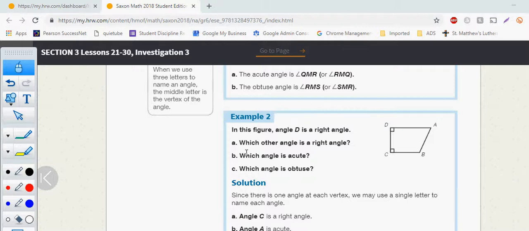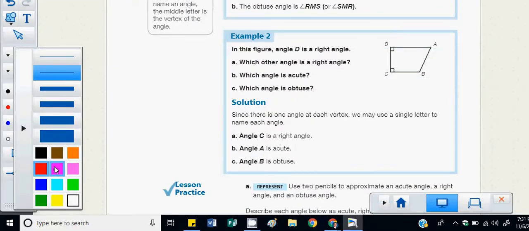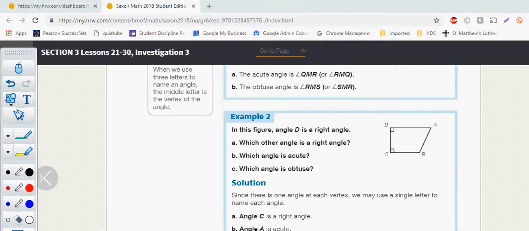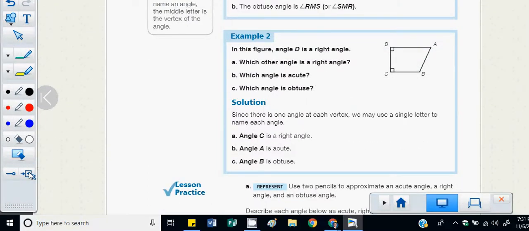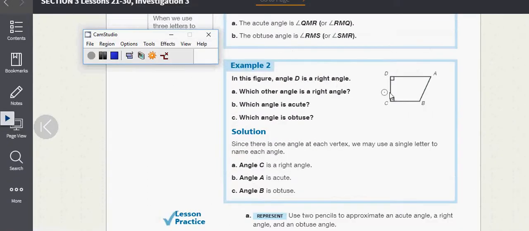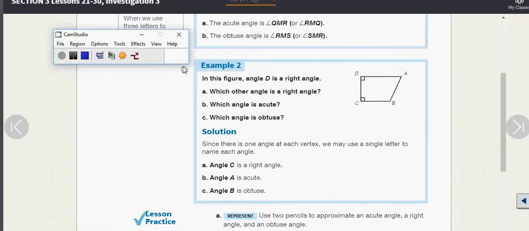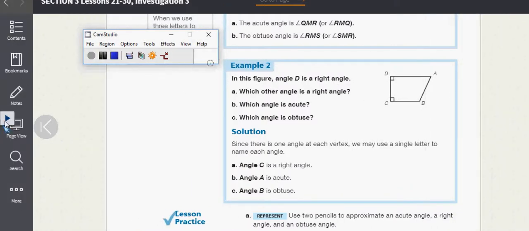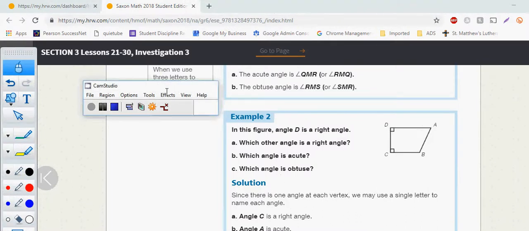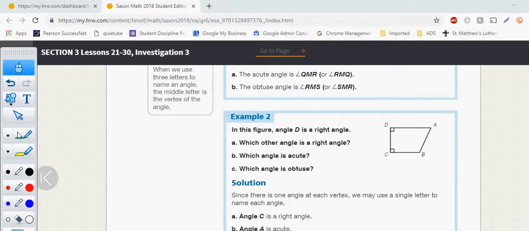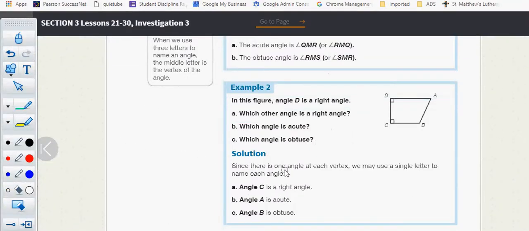In this figure now, it's a closed figure, it's a polygon. All right. What's angle D? It's a right angle. We know that because of the box and because of the directions saying it. Which other angle is right?